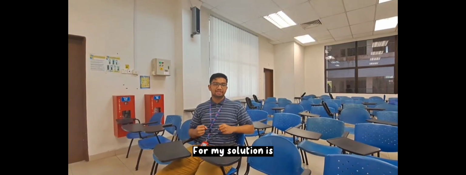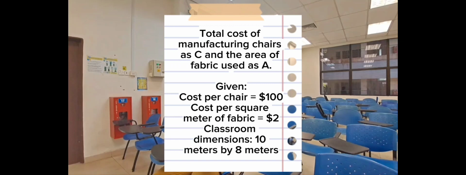For my solution, first, let us denote the total cost of manufacturing the chair as C and the area of fabric used as A. Given: cost per chair is RM100, cost per square meter of fabric is RM2, classroom dimension is 10 meters by 8 meters.